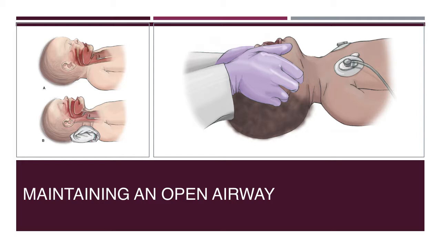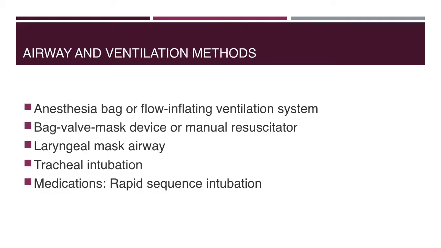We can also do a jaw thrust, and that will also help in older children. This towel or washcloth or blanket under the neck is something that we do on young children and infants. Some of the airway and ventilation methods, we have the anesthesia bag or the flow inflating ventilation system.